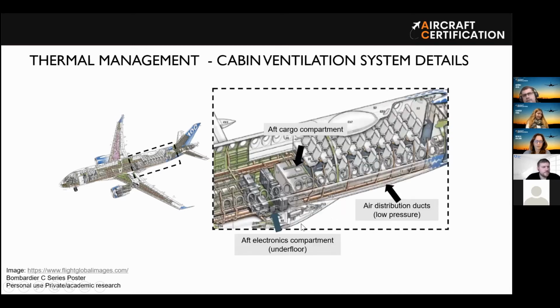And again, similar to the rear portion of the aircraft, you see many ducts, and the air will go from the top to the bottom of the aircraft to circulate here. It will pass through the cargo compartment, it will pass through the electronics compartment, and then it will be discharged to the outside of the aircraft.